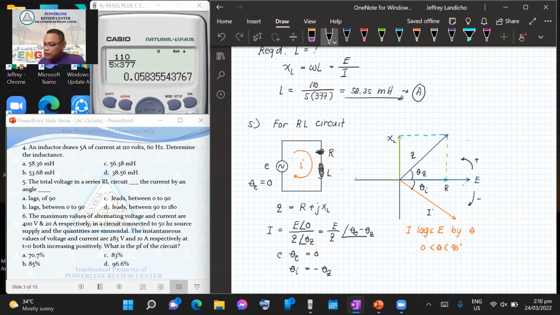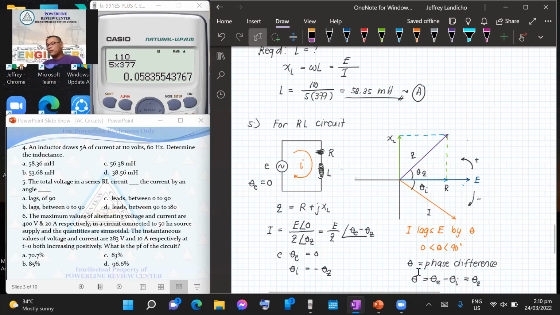So sino yung theta na yon? Your theta is the phase difference. So pag sinabi natin phase difference, that is the angle between your voltage and the angle of your current, which is equal palagi yan sa angle of your impedance.